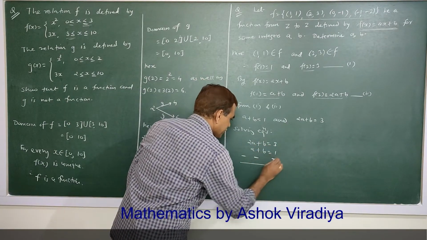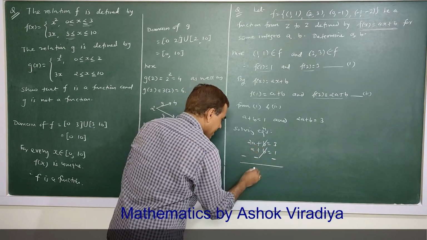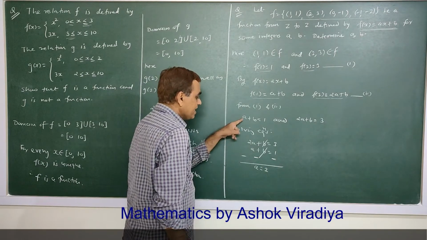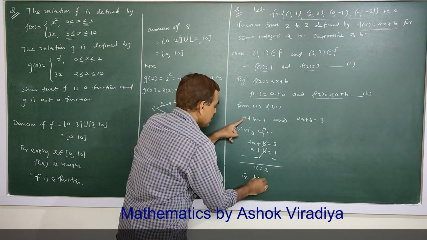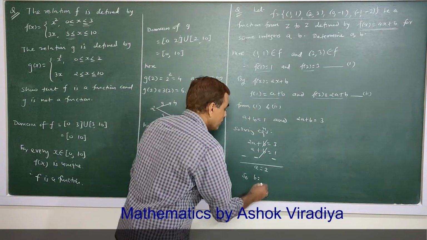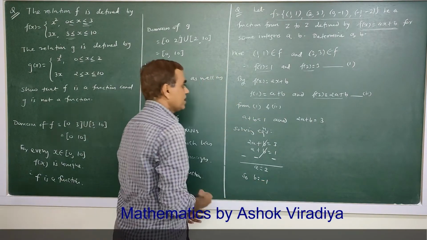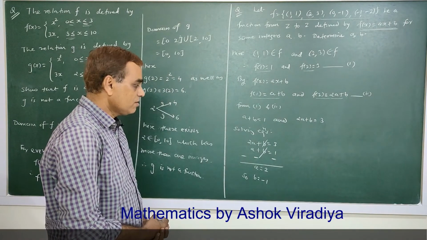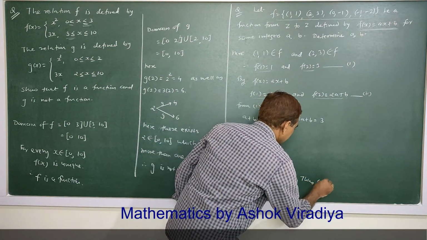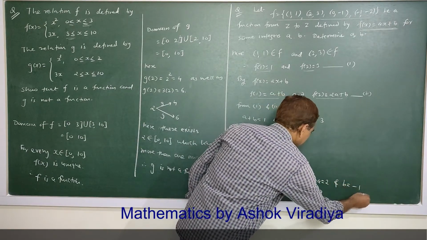Taking subtraction, this is cancelled. 2a minus a is a, so a is 2, and putting here a as 2, b is equal to 1 minus 2, which is minus 1. So therefore we have found a is 2 and b is minus 1.